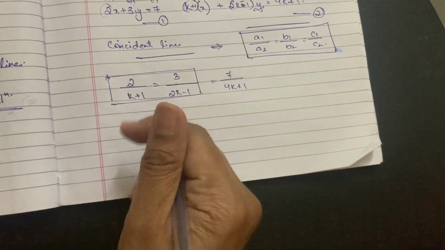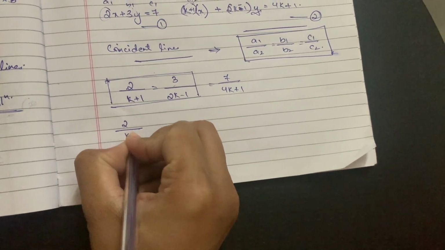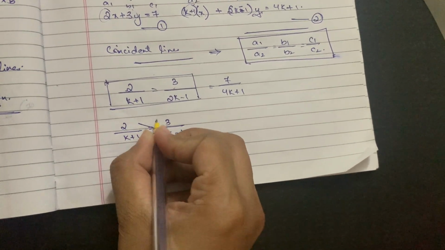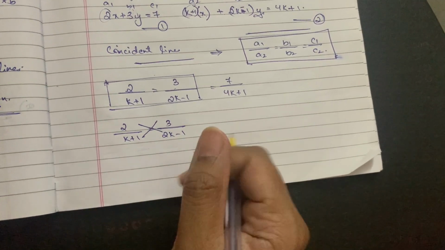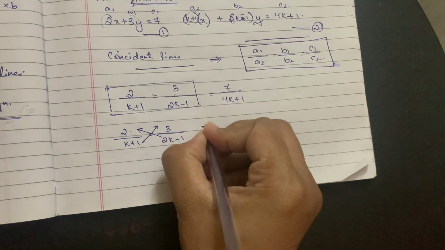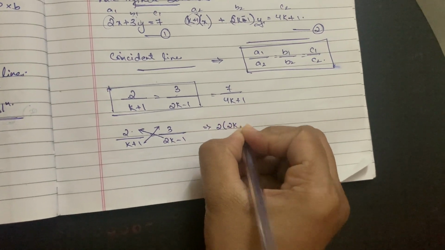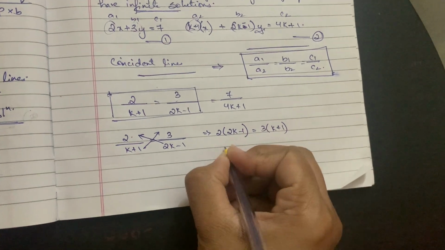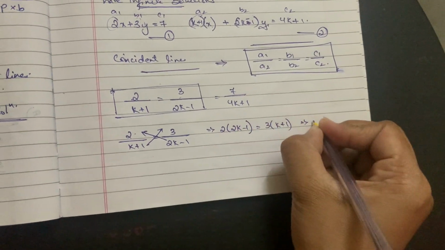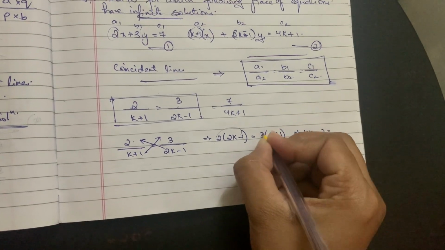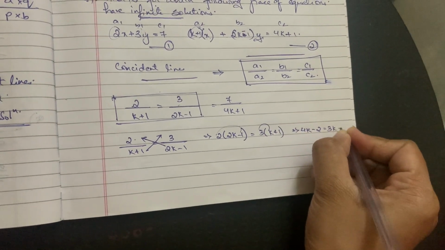If I'm just taking these two, the equation becomes 2 by k plus 1 is equal to 3 upon 2k minus 1. Cross multiplying because I want to get the equation format. So this multiplies with this one, this multiplies with this one. So it becomes 2 times 2k minus 1 is equal to 3 times k plus 1. It further becomes 4k minus 2 is equal to 3k plus 3.